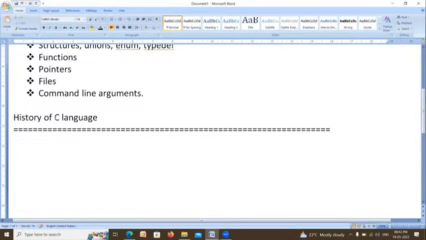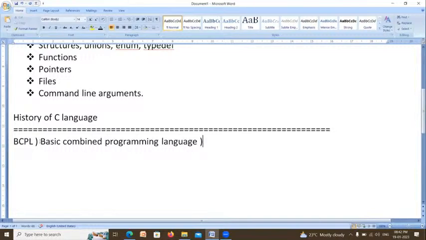There are so many high level languages. One of the popular high level programming languages is BCPL. The meaning of this is Basic Combined Programming Language.